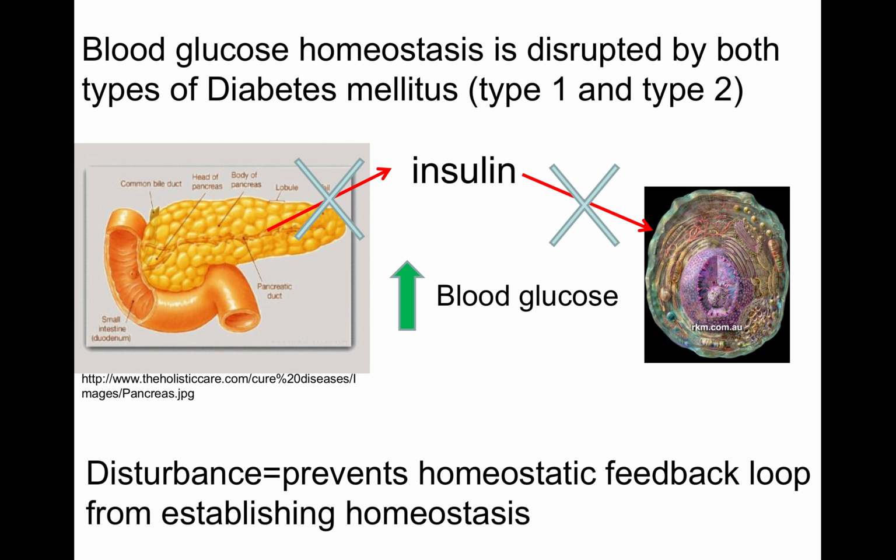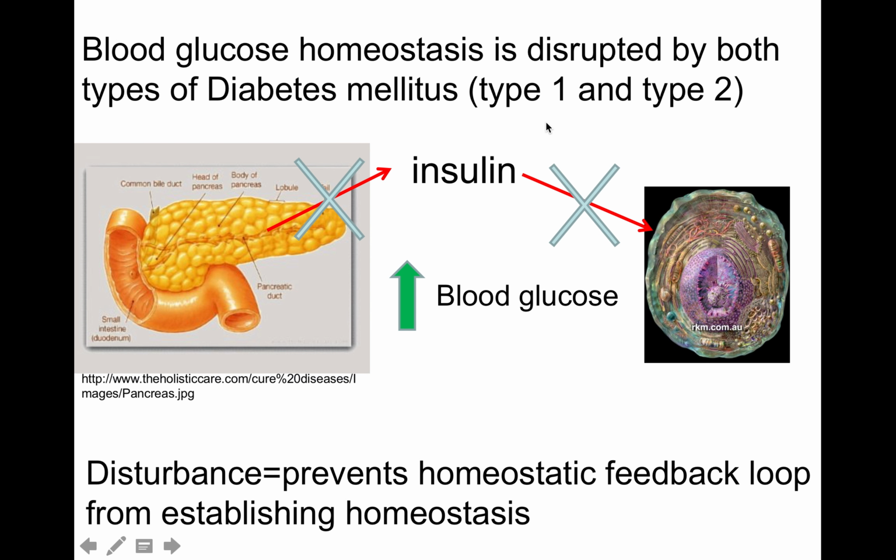Now, in the case of diabetes, you have two scenarios. You either will not be able to produce insulin, as shown by the first arrow. This is your pancreas not being able to produce insulin, or your body produces insulin, which is your output. However, the effectors are not sensitive to your insulin.